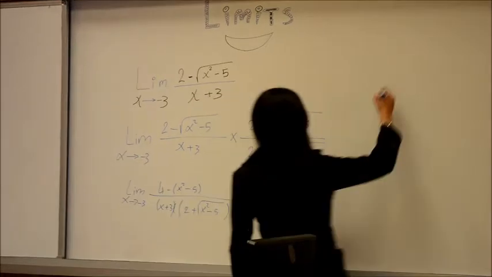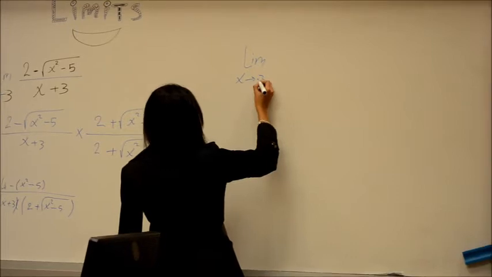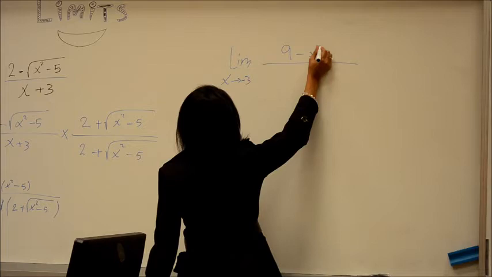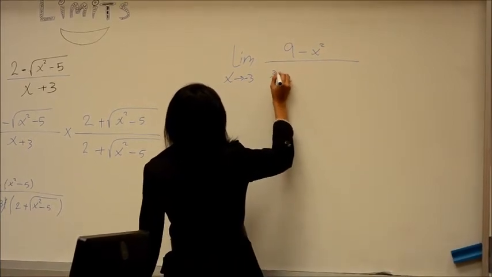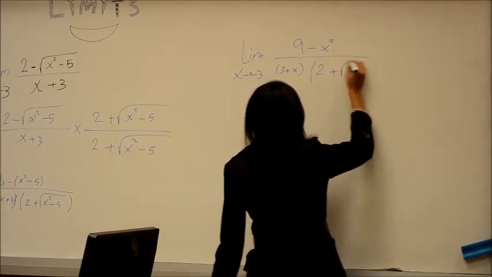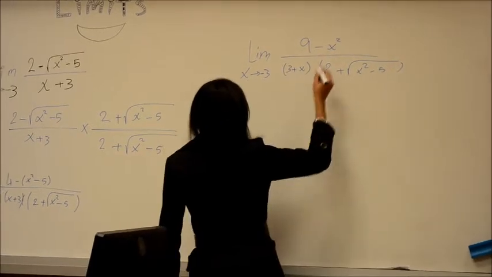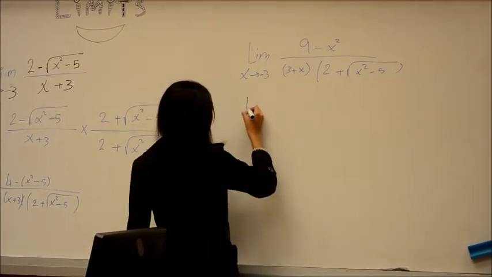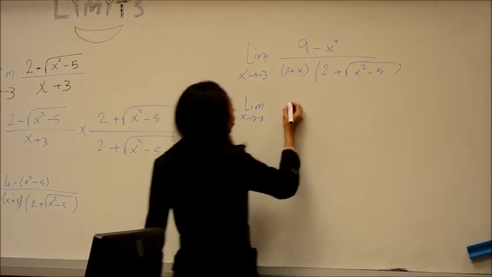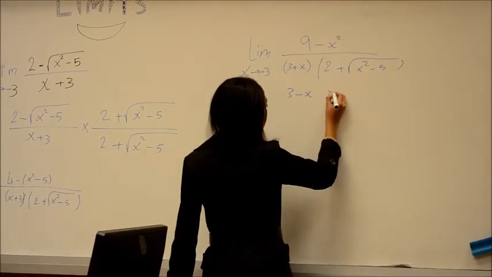which is equal to the limit as x tends to negative 3 of (9 minus x squared) over (3 plus x) multiplied by (2 plus square root of x squared minus 5). And if we factorize the numerator, we would have (3 minus x) and (3 plus x).